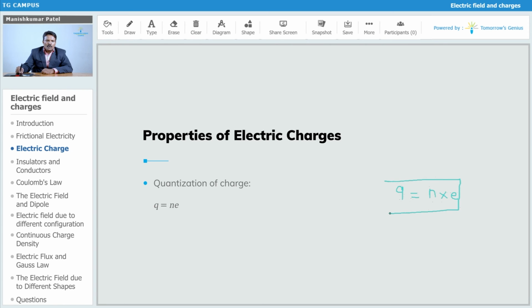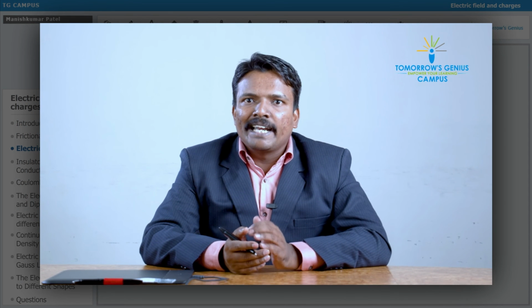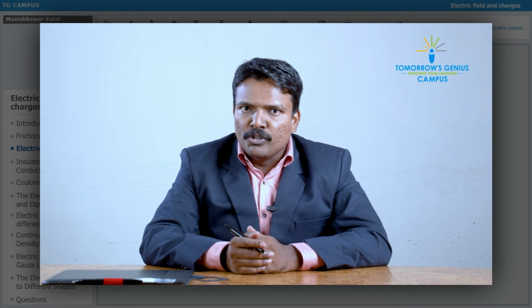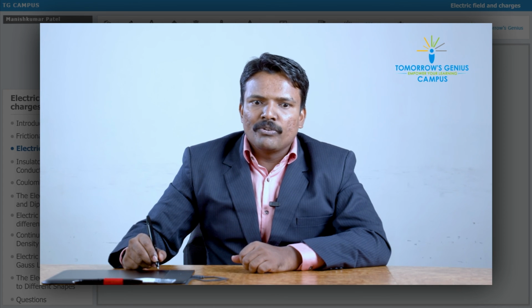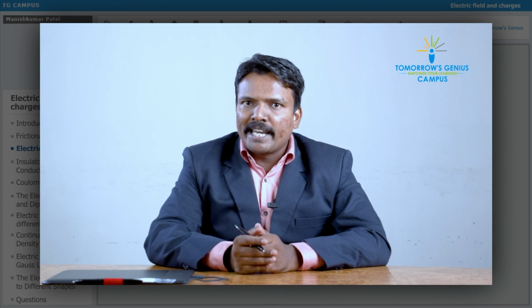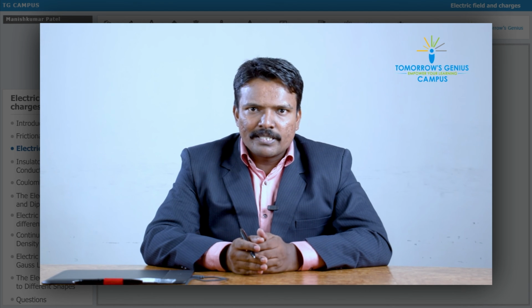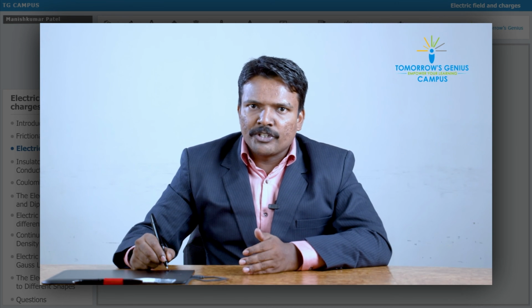So this is how you can measure the total charge, which is also called quantization of charge, meaning it always takes some discrete value. That is called a quantized value. So these are the properties of electric charge. Those are very important: additivity, quantization and conservation.